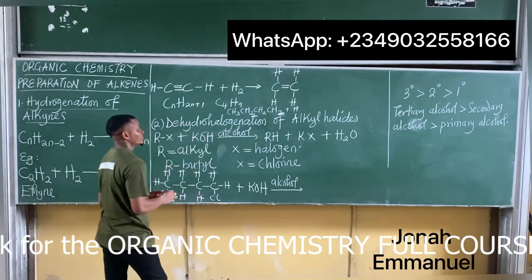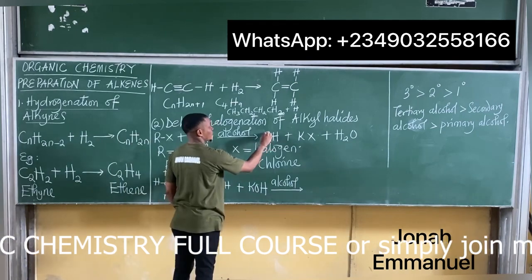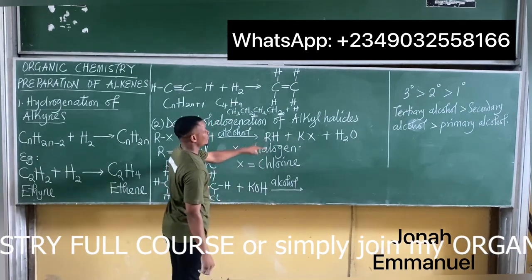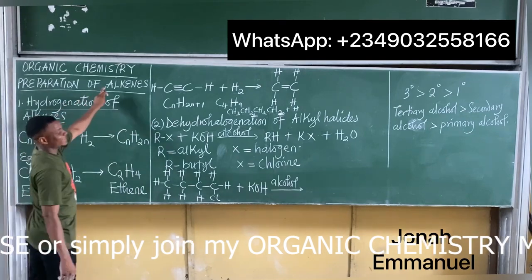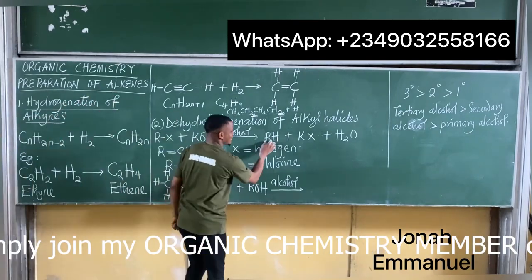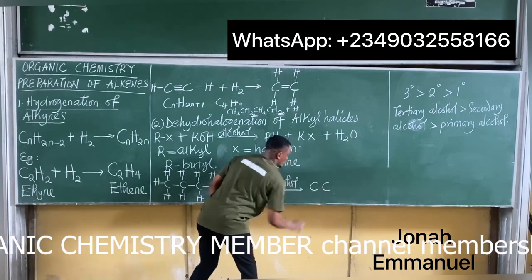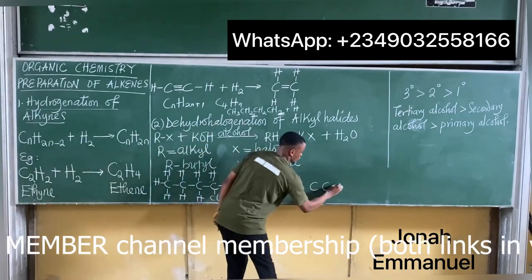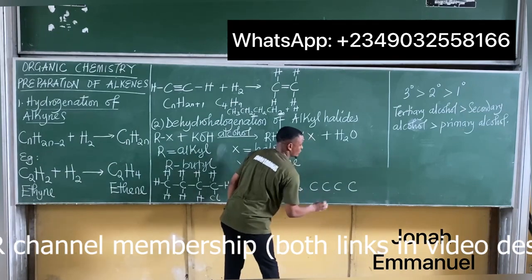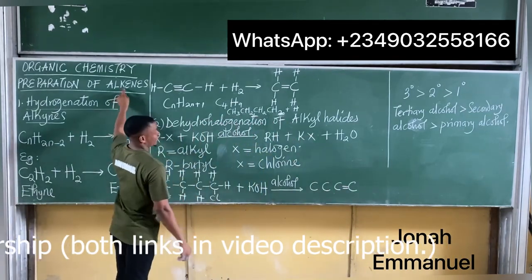Now hold on, look at please. What we should expect here would be, although this is an alkyne, don't forget we are trying to prepare an alkene. So to be the alkene of this, that means something of this nature. I have 4 carbons here, 1 2 3 4, so please add a double bond, that's this, because I'm trying to prepare an alkene.